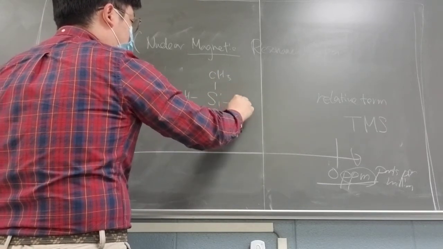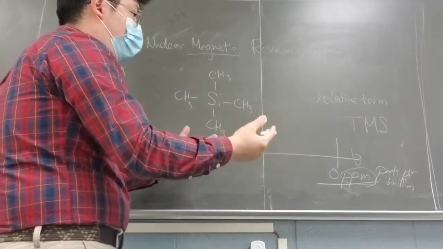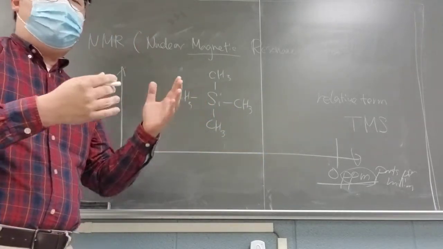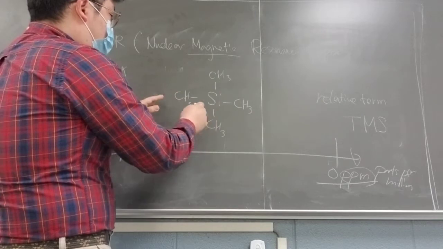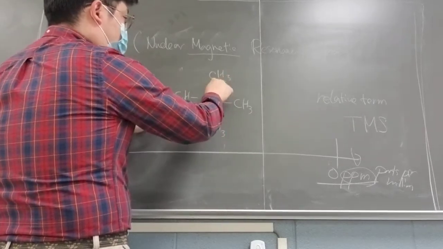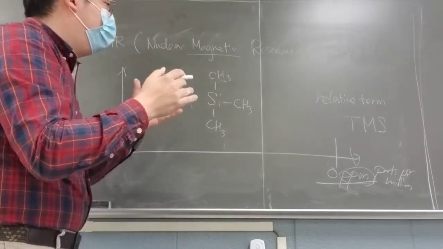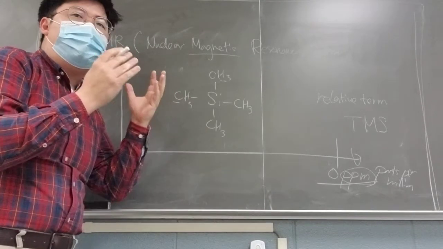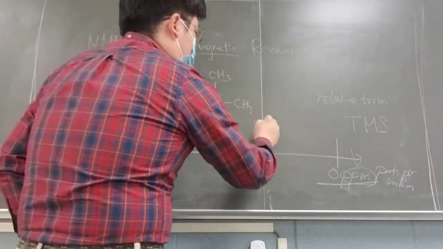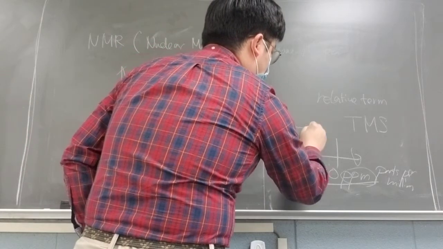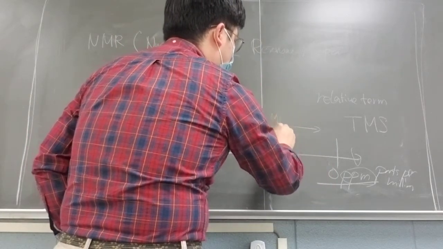This is a perfect sample for the standard in NMR because of several reasons. If you do carbon or proton or hydrogen NMR, that will show you very shielded. So if you go to the right, this is where we call upfield.